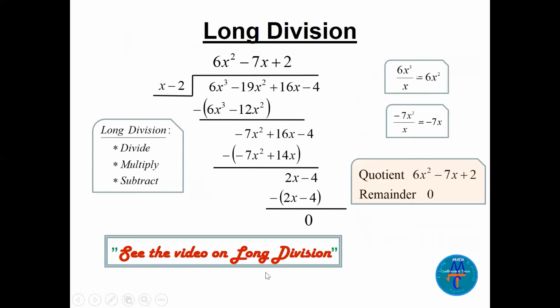Now, this is a long division. You can see the video on long division. It will take time to explain. Here I'm clarifying only the words, the mathematical terms and vocabulary, not the method. The method takes time to explain. I just put an example here.